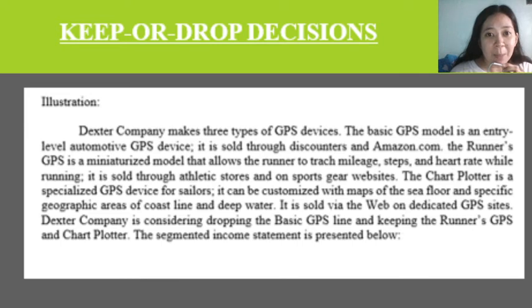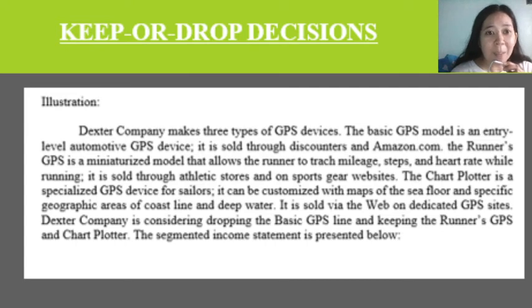The third type is the chart plotter, which is a specialized GPS device for sailors. So it can be customized with maps of the seafloor and specific geographic areas of coastline and deep water. So this item is sold via the web on dedicated GPS sites.